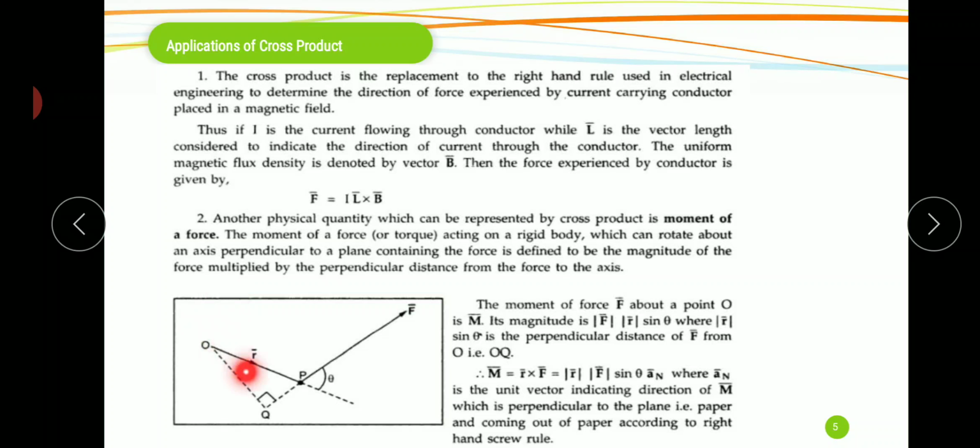Whenever this is theta, automatically the opposite angle is also theta. By applying sin theta, opposite side by hypotenuse, the opposite side OQ is represented by R sin theta. So the OQ value is the perpendicular distance of the F bar from O. Here it is the force, and this is the perpendicular distance.